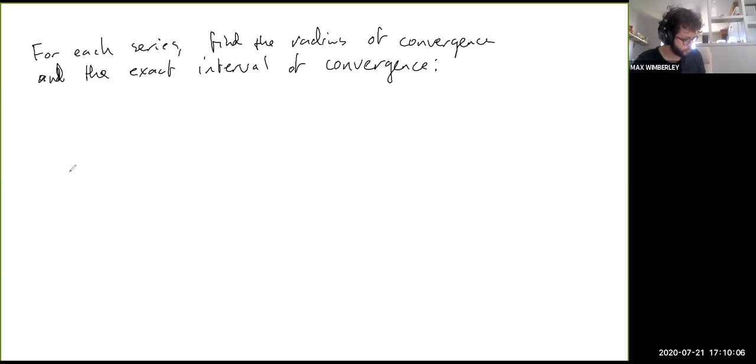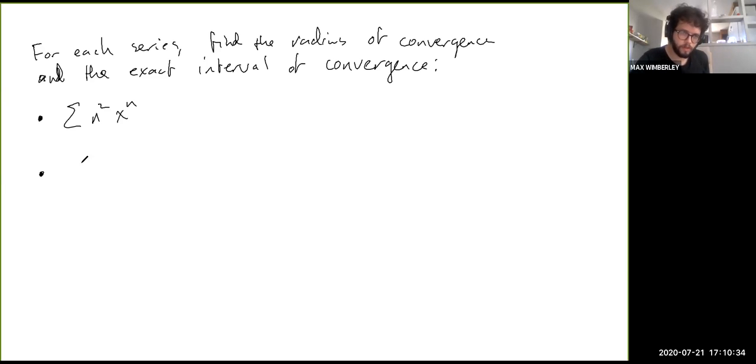So the first one is the sum of n squared x to the n. Well, okay, they don't give indices. I'm going to omit them too, just because it's good to get used to not caring about the starting index when it's not relevant.